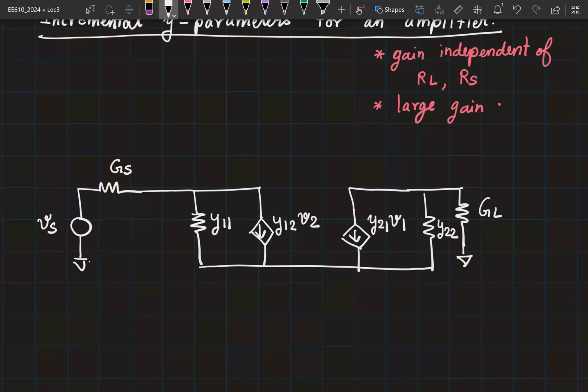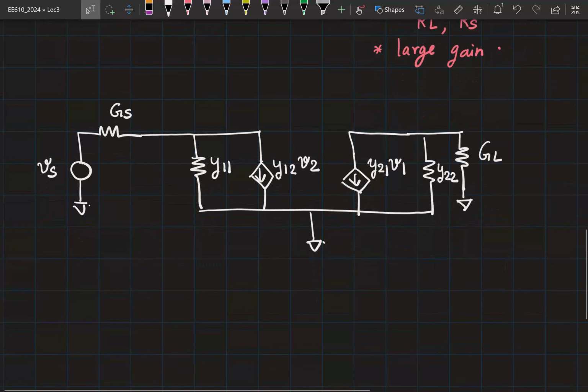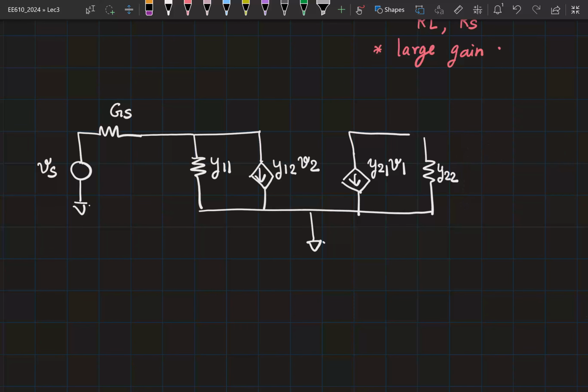This is a common terminal. Okay. And we did some quick simplifications and replaced this GL with Y22 plus GL. And we also did Norton equivalent to replace VsGS as a current source with a GS in parallel to Y11.